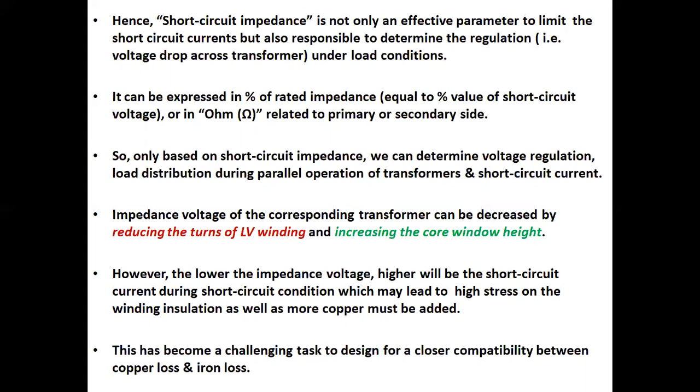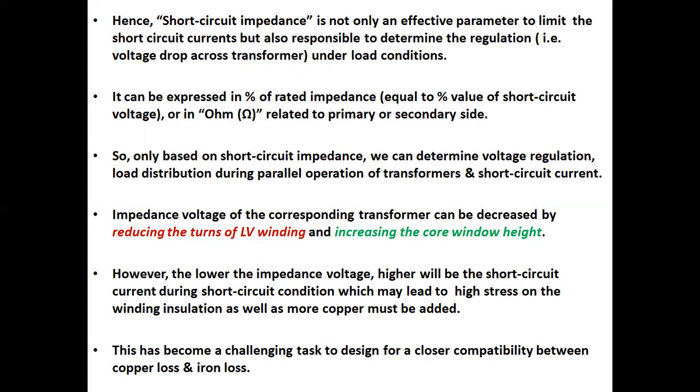So only based on short circuit impedance, we can determine voltage regulation, load distribution during parallel operation of transformers, and short circuit current. Impedance voltage of the corresponding transformer can be decreased by reducing the turns of LV winding and increasing the core window height.